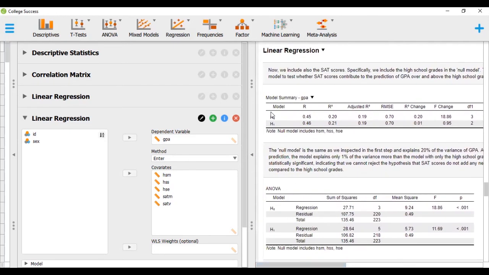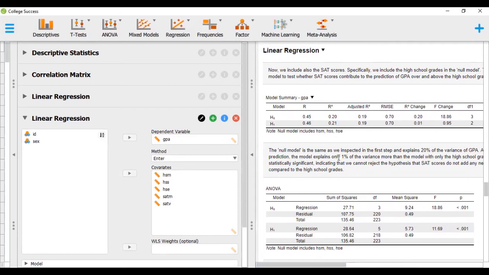So our null hypothesis will now have the R squared value of 0.20, but that for the alternative will be 0.21. The difference here is 0.01.